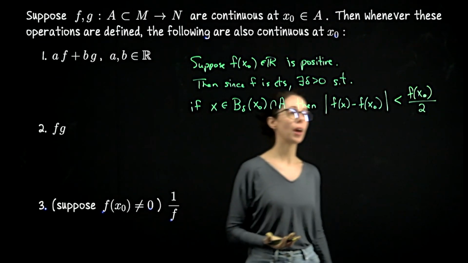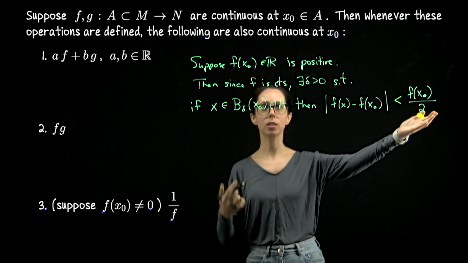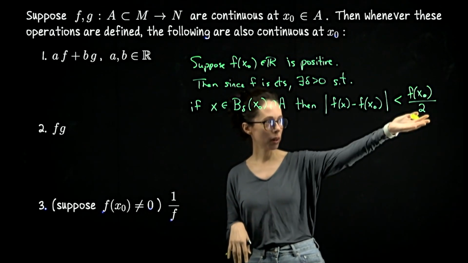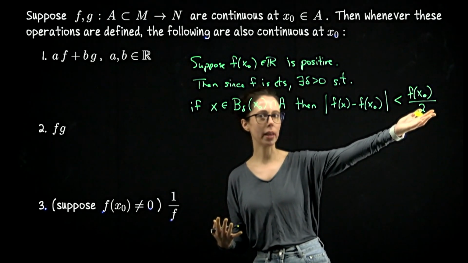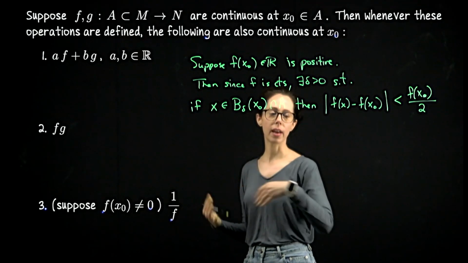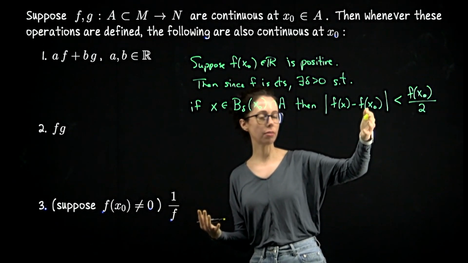I'm not trying to prove f is continuous. I know it's continuous. So this is a valid choice of an epsilon to work with because this is a positive number, so divided by 2, it's positive. So I'm saying for this choice of epsilon measurement, I can find a delta so that if an input is within distance delta of x naught, then its output is within distance f of x naught divided by 2 of f of x naught.